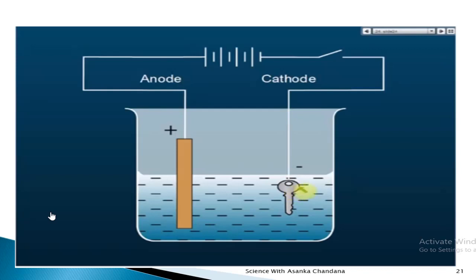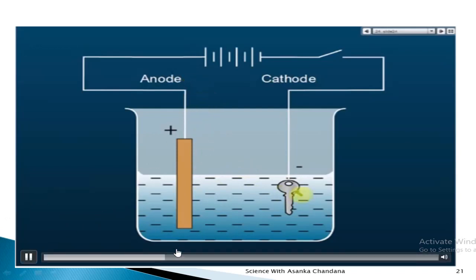If you want to electroplate a key, should you put the key at the cathode or at the anode? Obviously, it's already labeled here. So the key is the cathode, and the metal that we want to electroplate on the key is the anode. But the question is, why is the key the cathode?